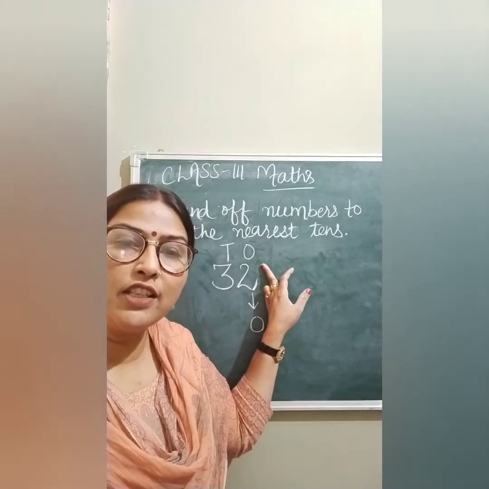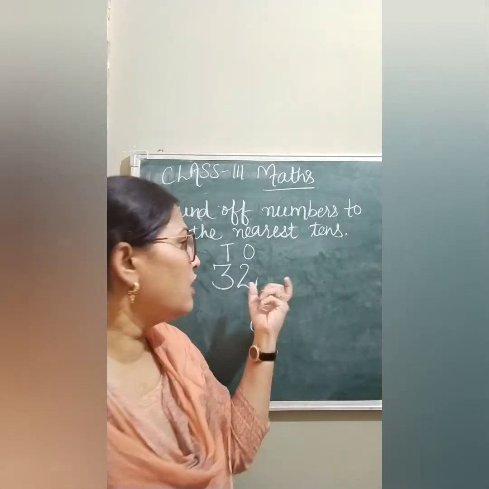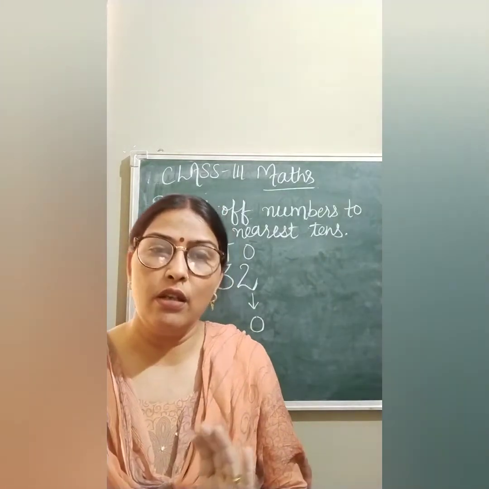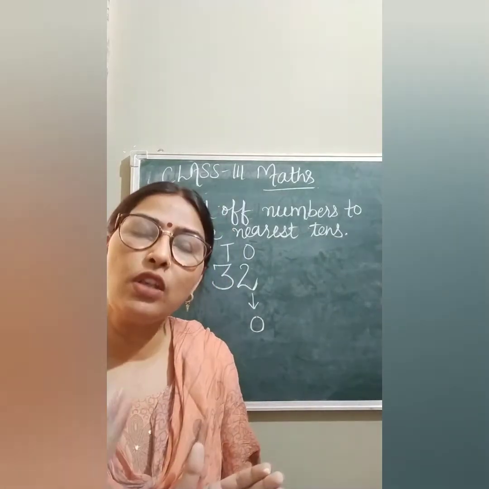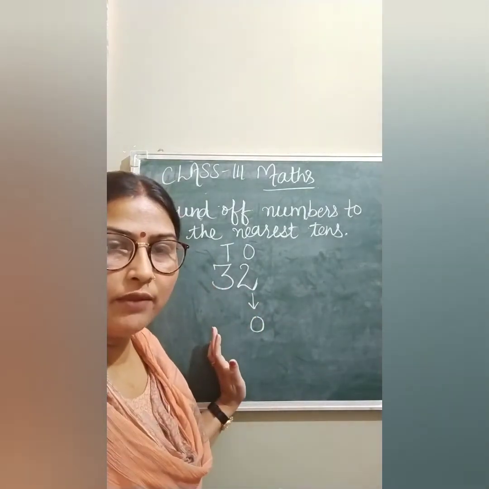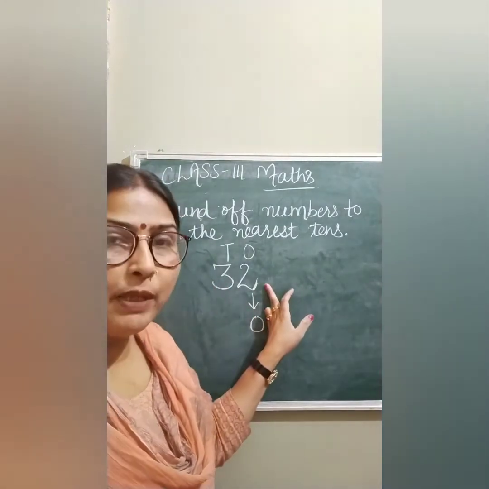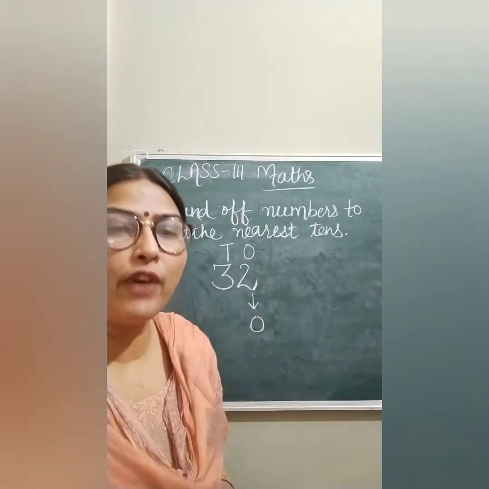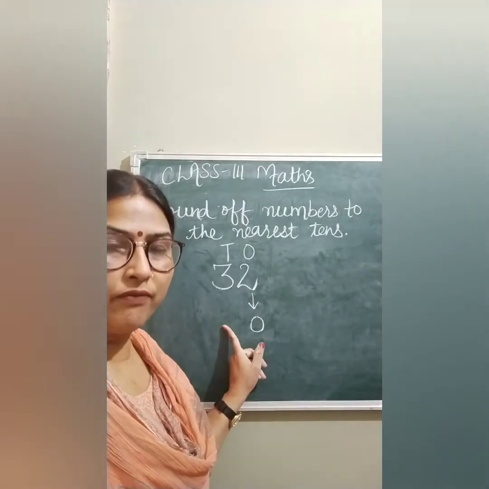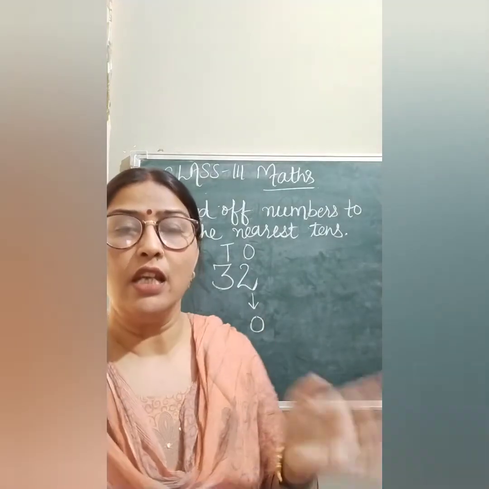Now once again listen to me carefully. Now how do we observe this? If ones place digit is 5 or more than 5, then the tens place digit will become next. If ones place digit is less than 5, then there will be no change in the tens place digit. Yes, once again I am going to repeat.